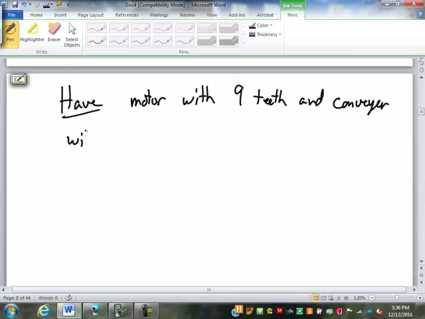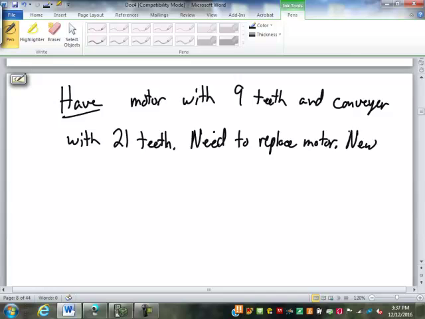A conveyor with 21 teeth. Need to replace the motor. Let's say the new motor has 15 teeth on it. How big of a sprocket do you need on the conveyor now?